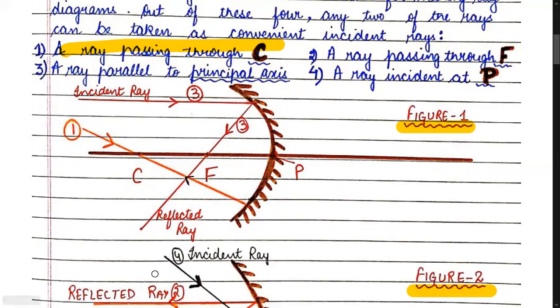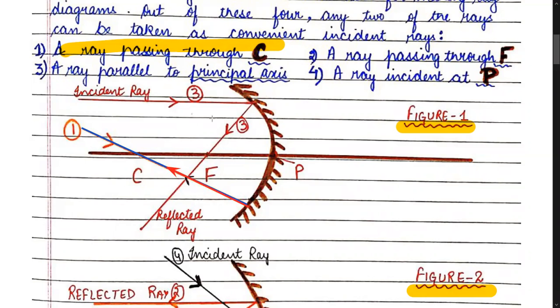When a ray is incident and passing through the point center of curvature, and when the incident light strikes the spherical surface of the mirror, then the incident ray gets reflected in the same direction, that is the same path where the incident ray was traveling.